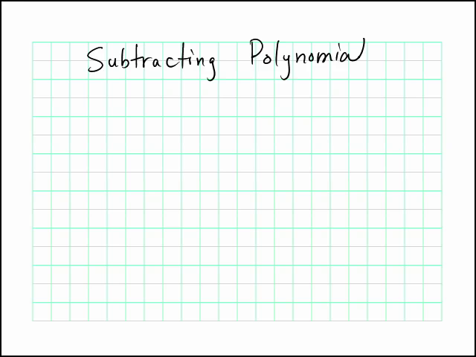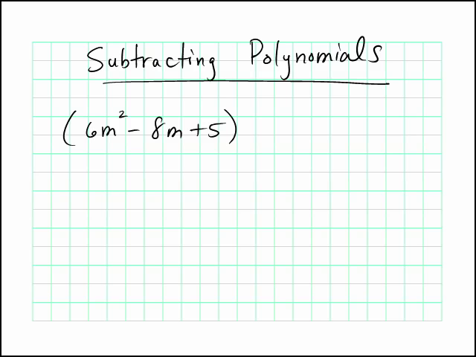Subtracting polynomials is pretty much the same. For example, 6m squared minus 8m plus 5, and I want to subtract 5m squared plus 7m minus 1.